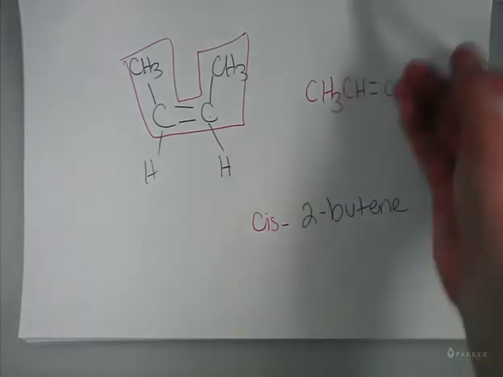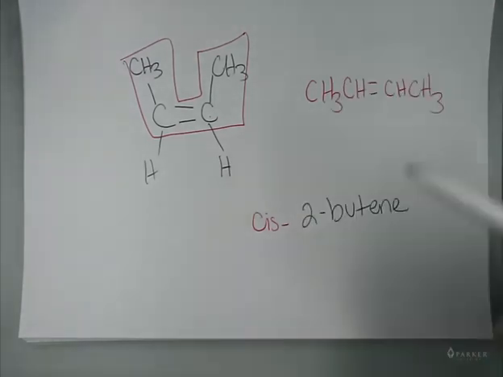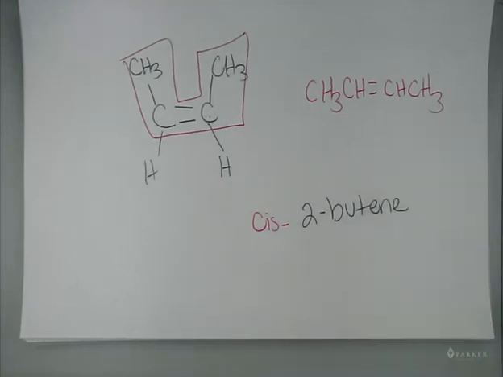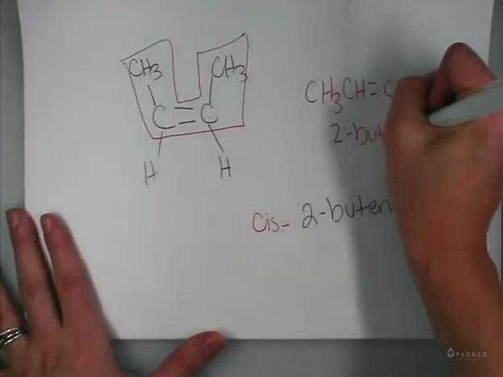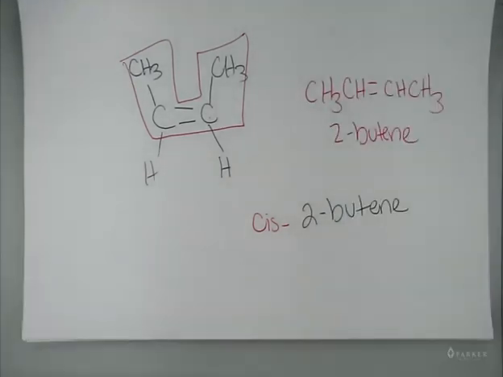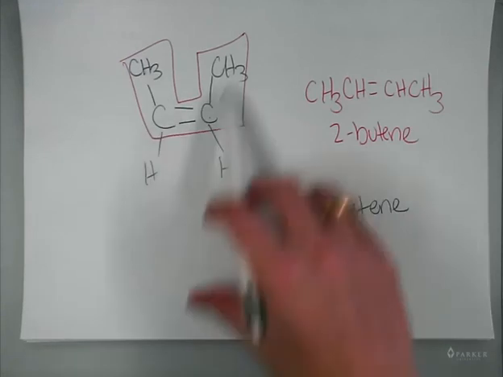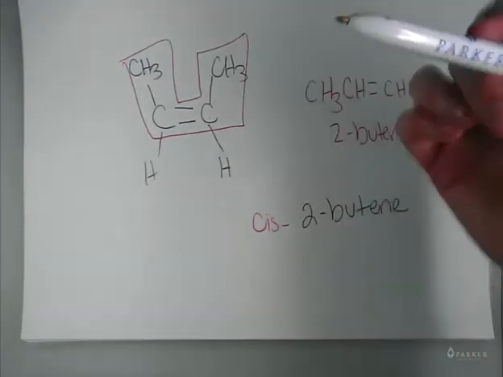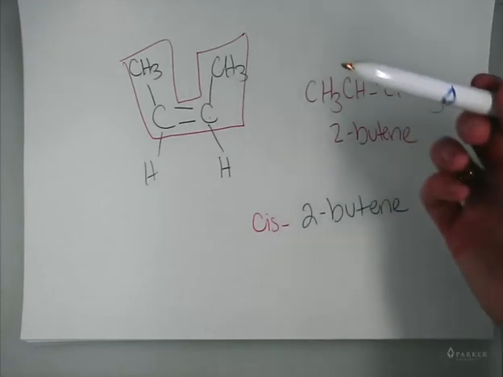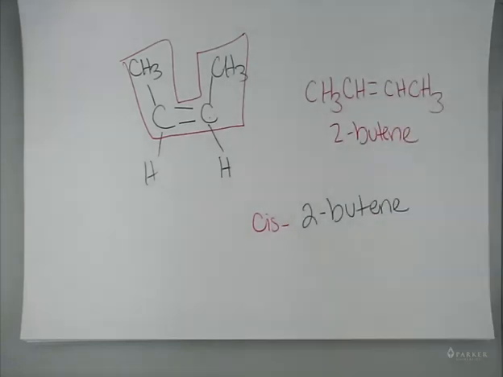No, because I don't know if these methyls are pointing up or down, opposite, the same. I have no idea. So here I could not put cis or trans. I could just say 2-butene. But do you see when I actually draw the bonds coming off the double bond? I'm showing the direction. Then I can put cis or trans. Do you see the difference? Okay.